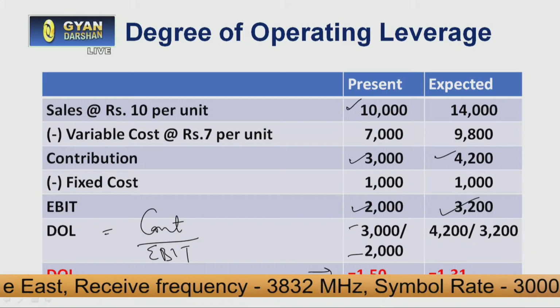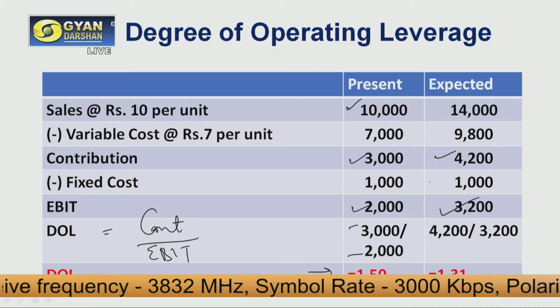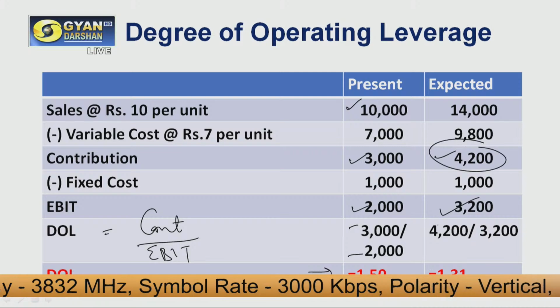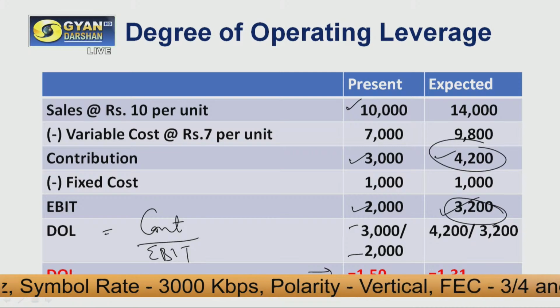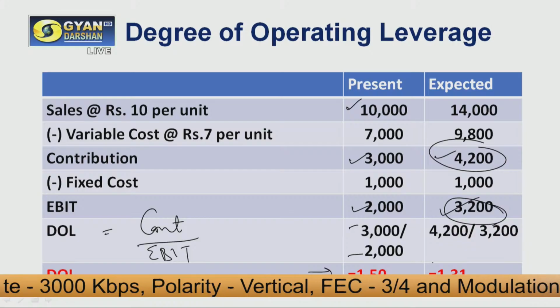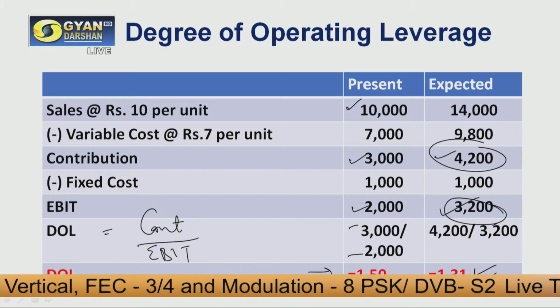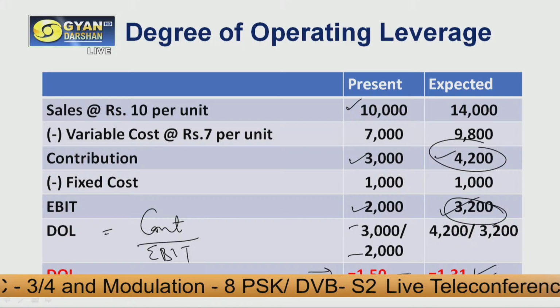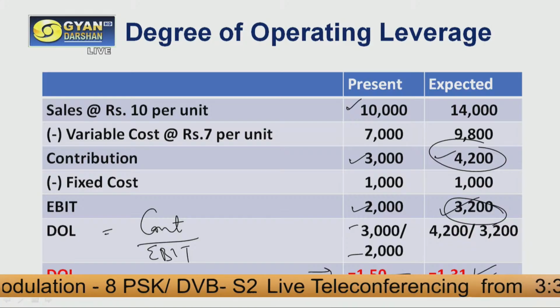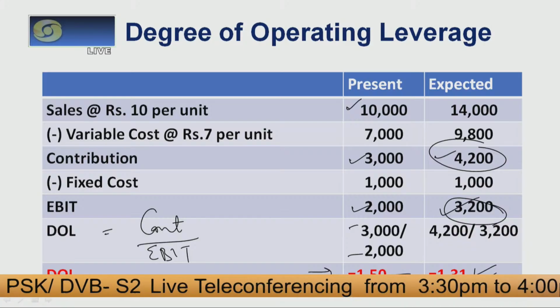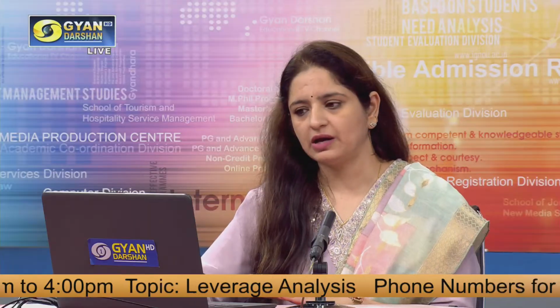Similarly, in case of expected sales, we have to divide 4200, which is our contribution, by 3200, which is our EBIT, and we will get the degree of operating leverage in case of expected sales, which is 1.31, right? So this is how we can calculate the degree of operating leverage, using either the first formula or the second formula. Whatever formula we are comfortable with, we can use.